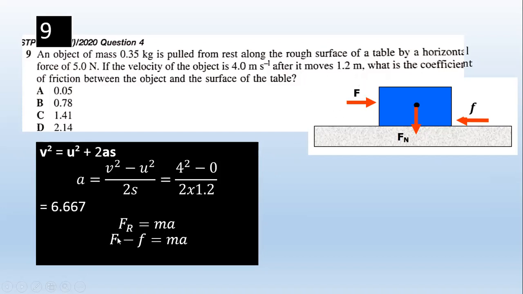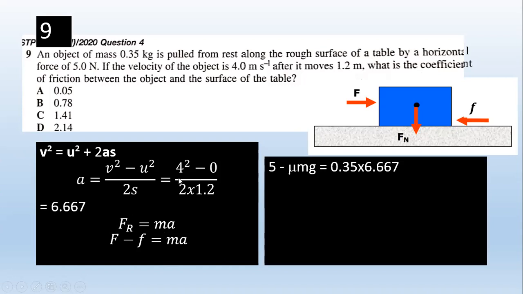The resultant force is the applied force minus the frictional force, equals ma. Okay, this one minus that gives you ma. So that is your applied force, the horizontal force, minus your mu mg, and this equals your mass times your acceleration.